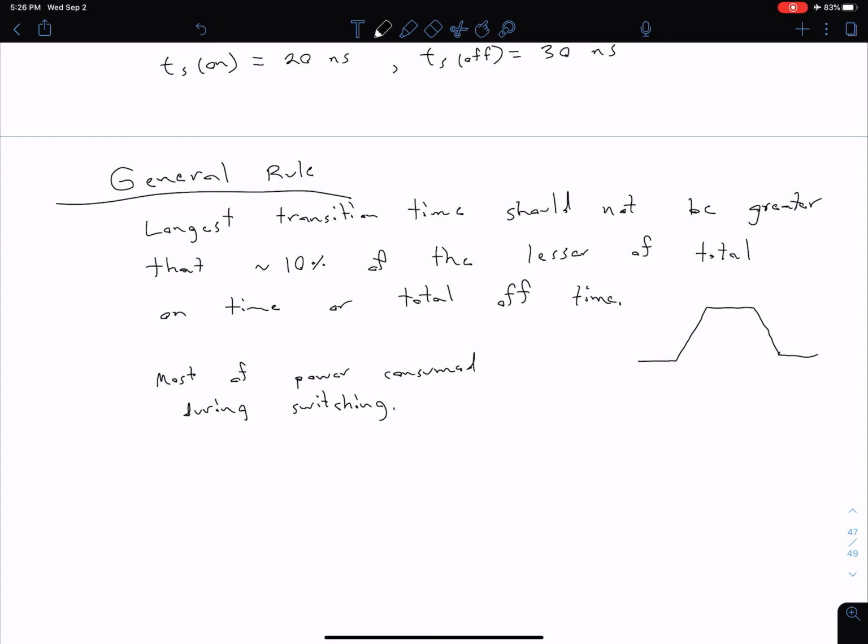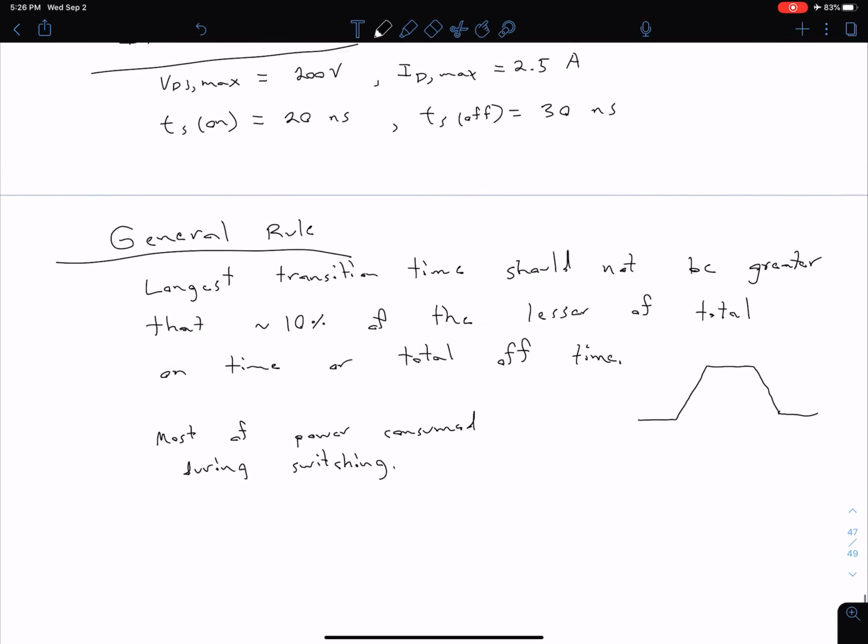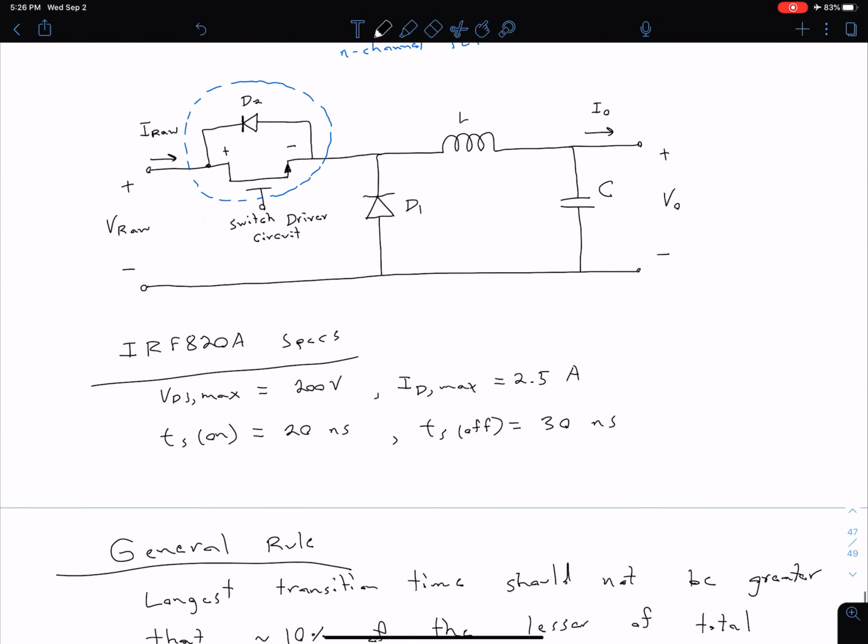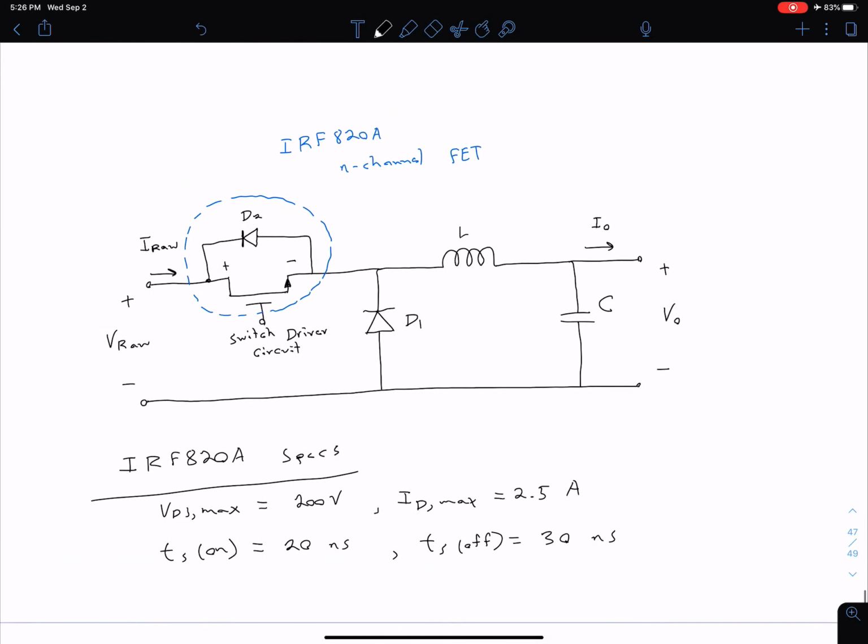Okay, so I think we have enough information now to get into solving this problem. First of all, we could ask ourselves, what are we even trying to solve for?